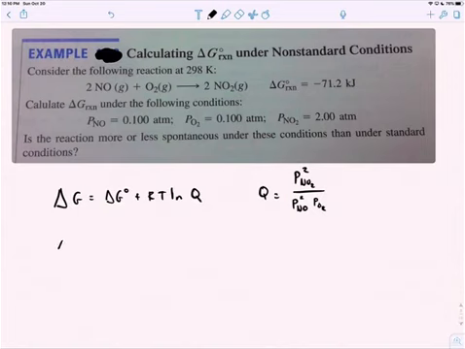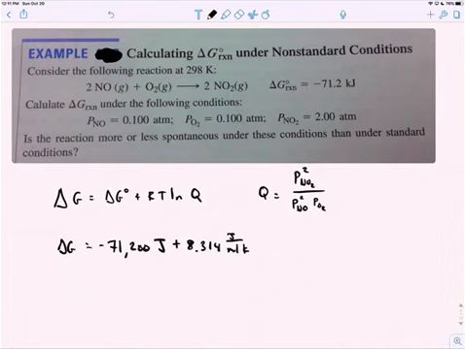So the delta G for this reaction is the delta G0, so minus 71,200. This is me, I always write this out. That's my own personal preference. Plus R, 8.314 joules per mole Kelvin, and then temperature.